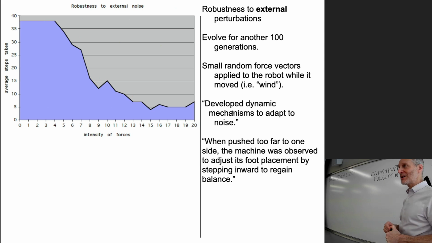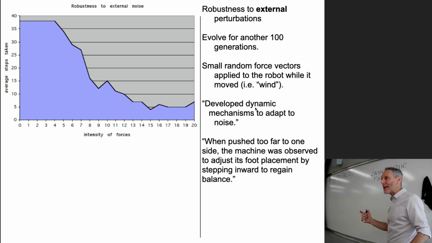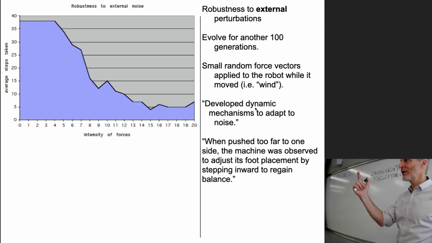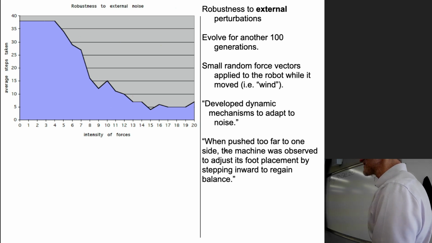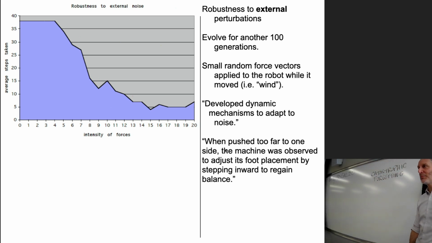That was a demonstration that Big Dog can handle external perturbations by dynamically adapting its gait to recover back to the way in which it's most familiar to walk. When pushed too far to one side, the machine was observed to adjust its foot placement by stepping inward to regain its balance, not unlike Big Dog did in the initial video.